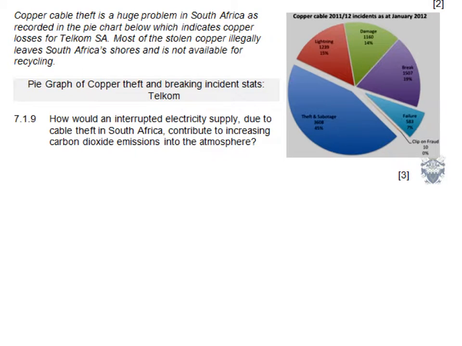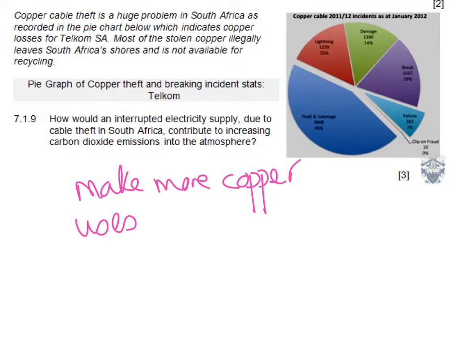Then there's a story about copper theft over here, and how would an interrupted electricity supply due to cable theft in South Africa contribute to increasing carbon dioxide emissions in the atmosphere? We would need to make more copper. Making copper uses electricity.